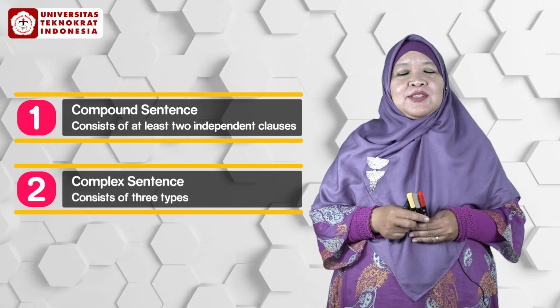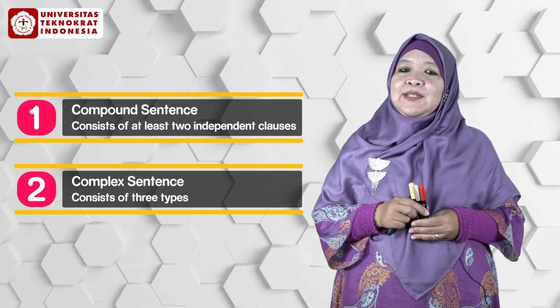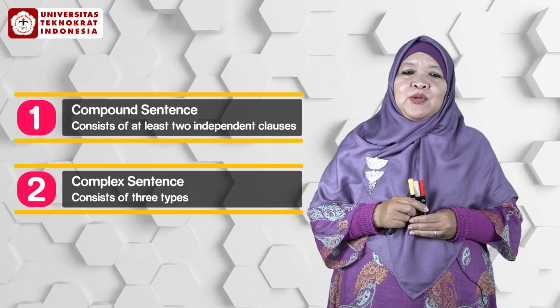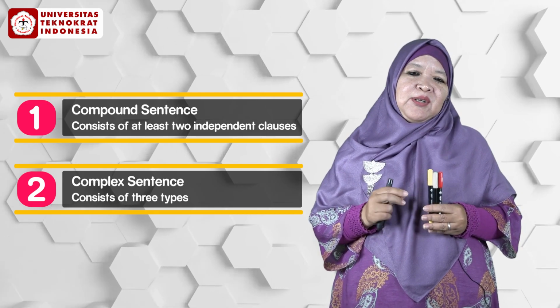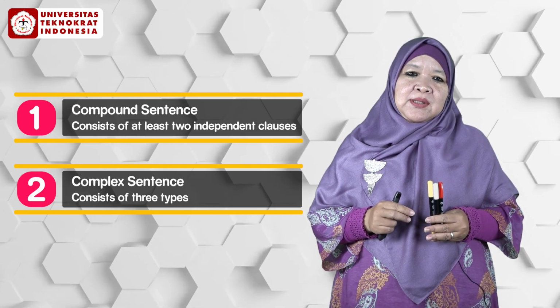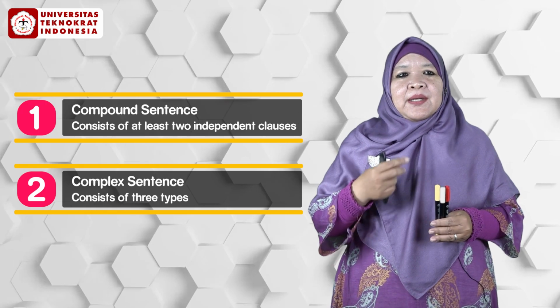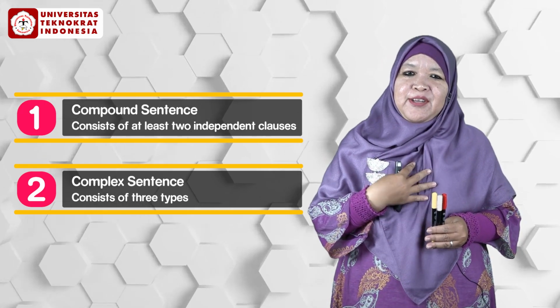Actually, complex sentence consists of three types, and to help you understand easily, I'm going to take an analogy for this. Supposing that I am a mother. I am an adult. I can stand by myself. I can go anywhere freely because I am independent.